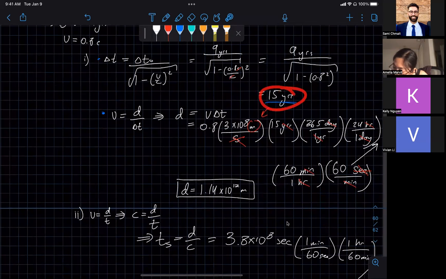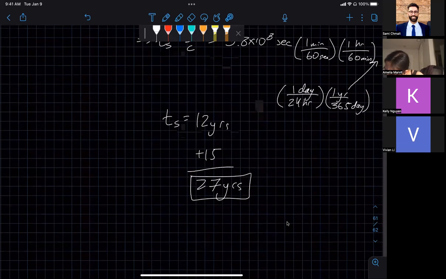So that's 15 years, plus the 12 it takes for the signal to come back. Maybe that's a little confusing, but again, it takes 15 years for Felix to die as viewed on Earth, and then for the signal sent back at the time of death to arrive will take 12 years. So in sum, the whole exchange is going to take 27 years. That's why you can't just leave it as 12.